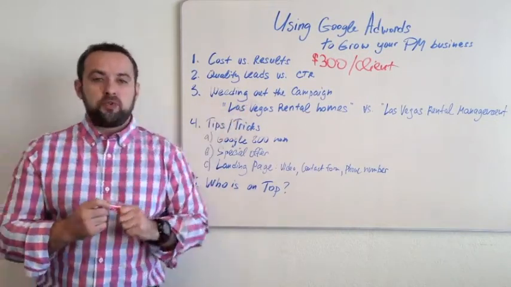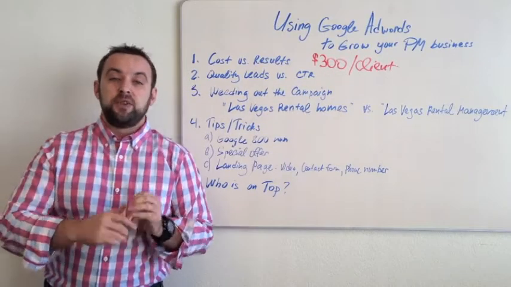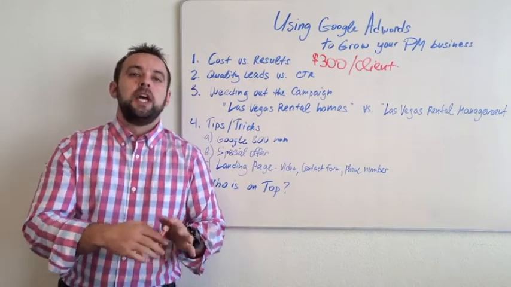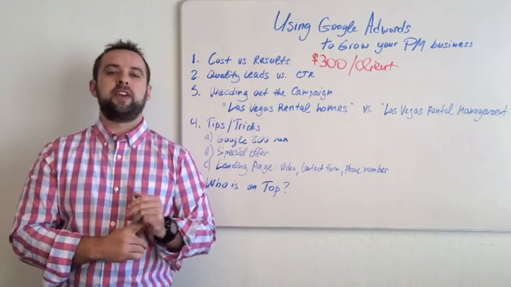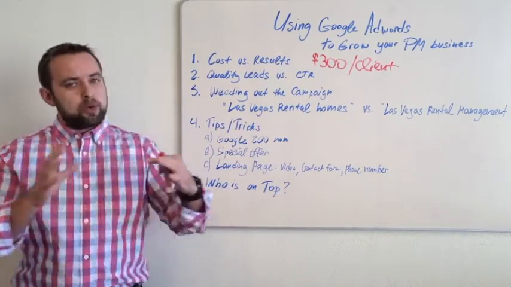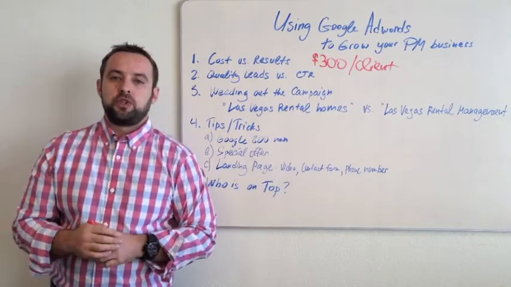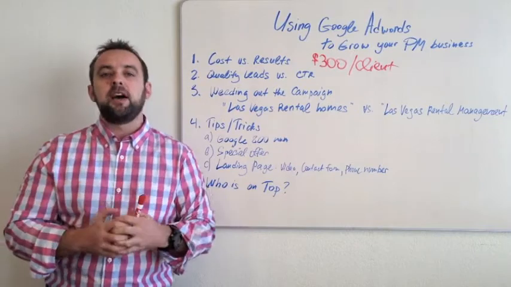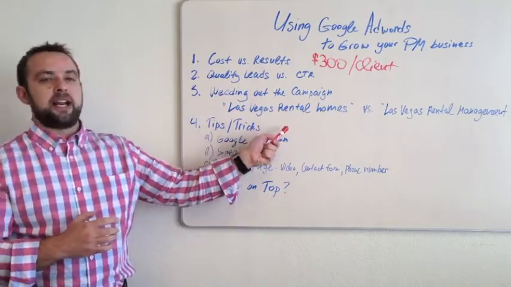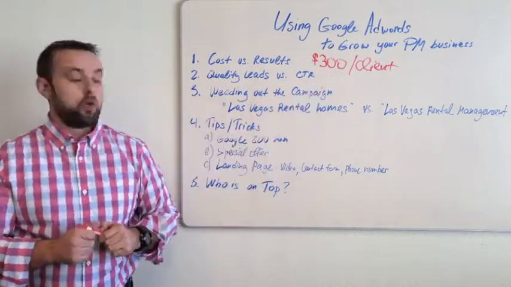So for a campaign to be effective, you need to consistently weed this out, because Google does broad matches. If you tell Google, I want to bid on Las Vegas property management, they're going to do a broad match, and then they're actually going to charge you for some search terms like this. So consistent weeding out of the campaign is really the key to get it effective and get it at that rate or lower.